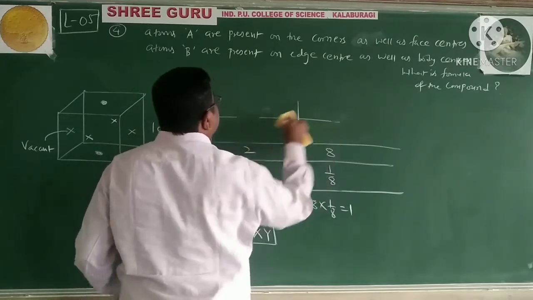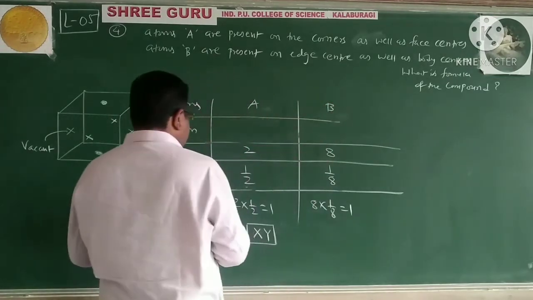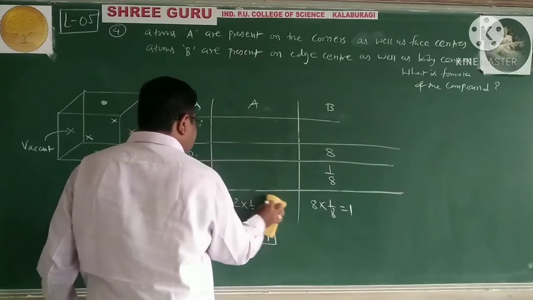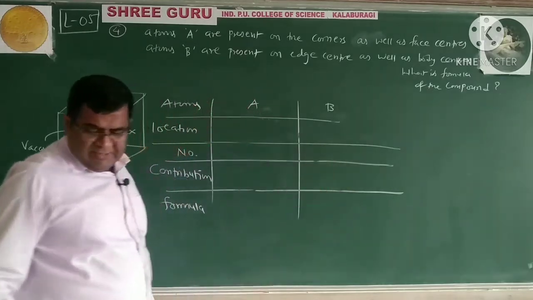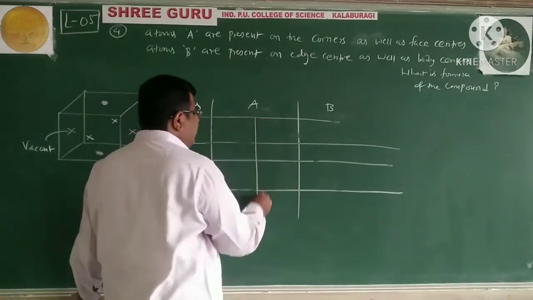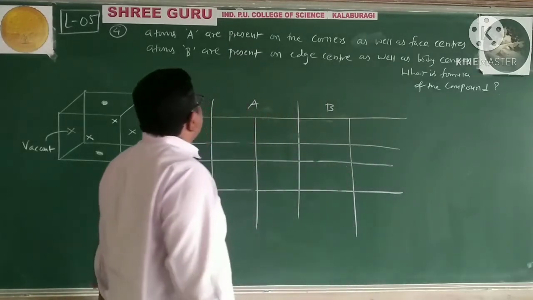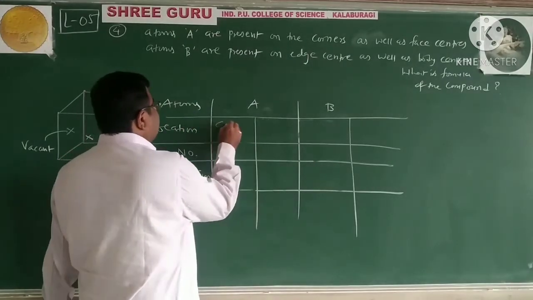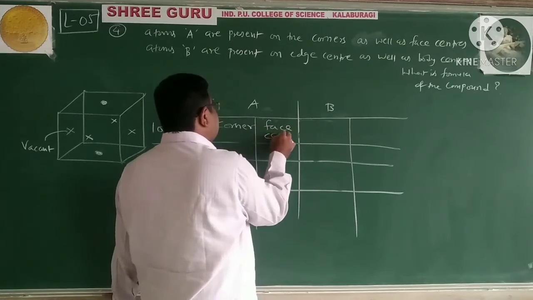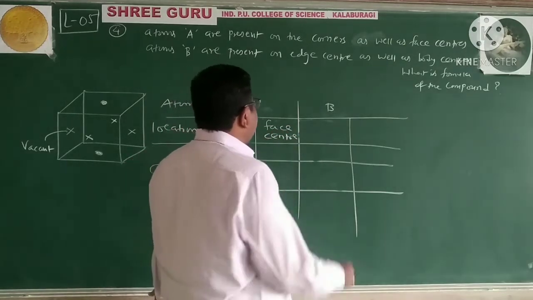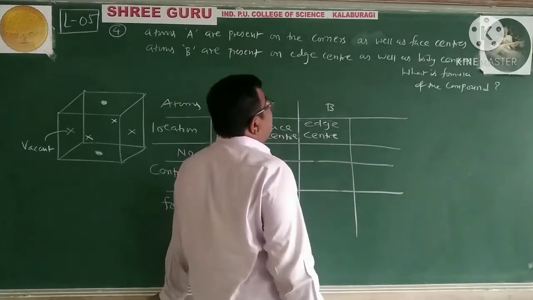So atoms are A and B. So there are two locations of A and two locations of B. One location is corner, another location is face center for A, and for B, one location is edge center and another is body center.